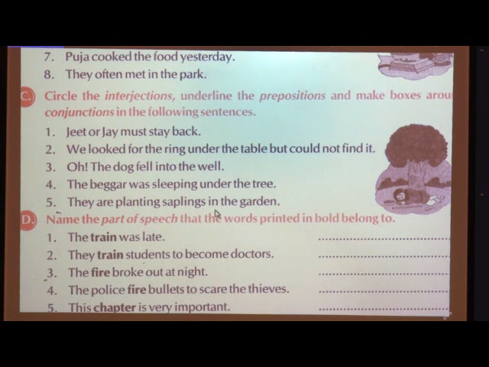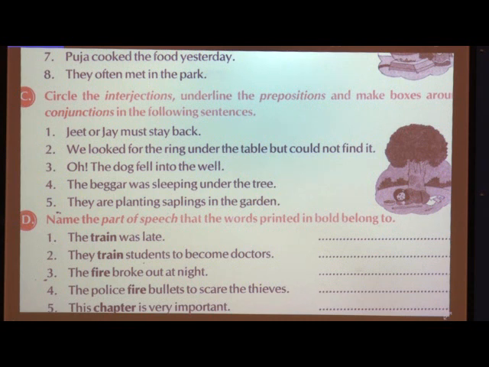In the garden. So, this word in is the part of speech preposition. You are going to underline it, because it is showing the relation between the saplings and the garden. So, underline this word as a preposition. Hope children you have done with this exercise.